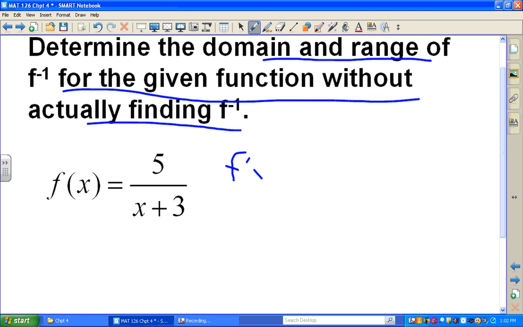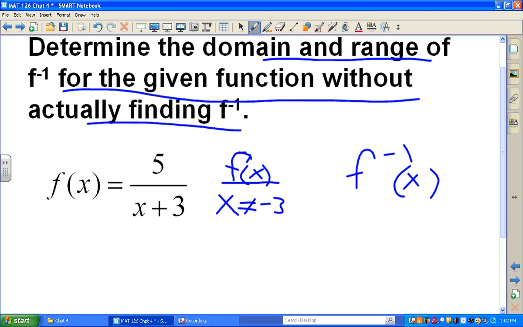What is the domain of the function? X cannot equal negative 3. Very good. So therefore, what is the range of the inverse? Y cannot equal negative 3. Woohoo!